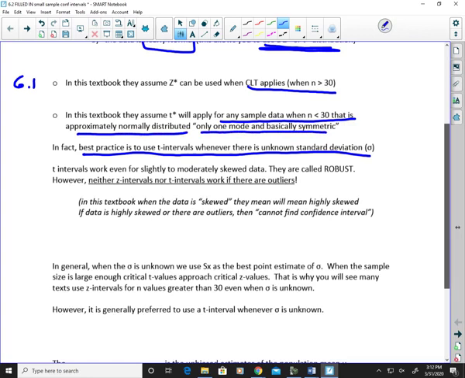But in fact, in real life, T intervals will actually work for even slightly to moderately skewed data because they are called robust, meaning they're really strong in the face of adversity. So they can work even at small sample sizes of say 15, 20, where you've got some skew.